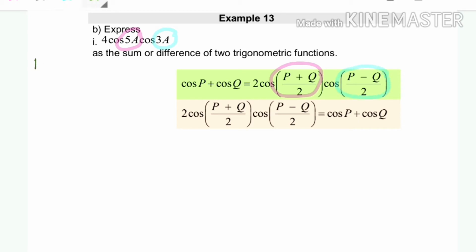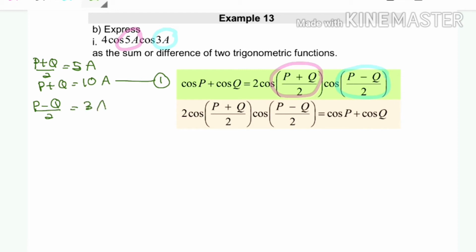(P plus Q)/2 equals 5a, then P plus Q equals 10a. This is the first equation. Next, (P minus Q)/2 equals 3a, therefore P minus Q equals 6a. This is our second equation.